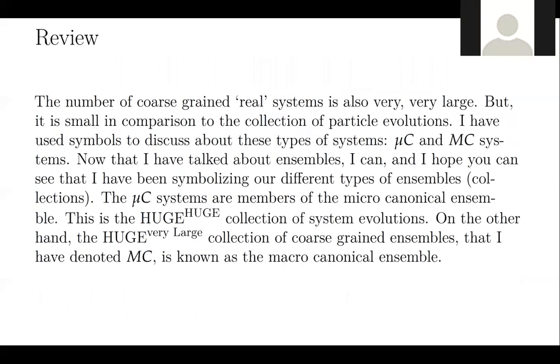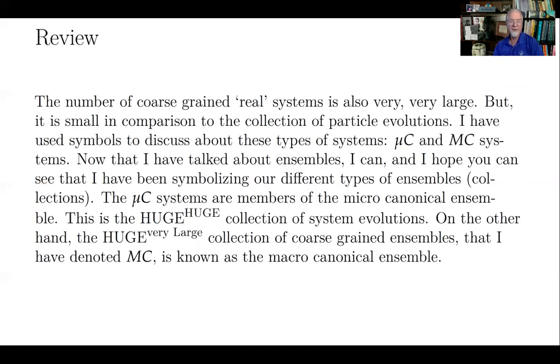So in a real coarse grained system, it is, of course, not a single number, but it's also very, very large. But although that number is very, very large, it's small in comparison to the collection of particle evolutions, the individual interactions.